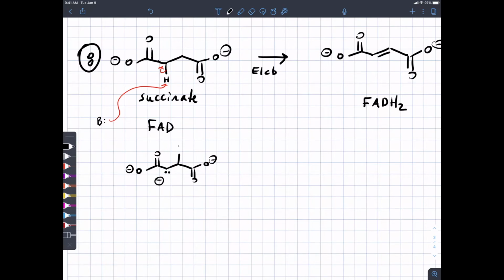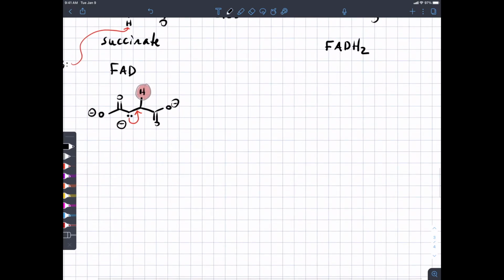And then that enolate is going to, electrons will kick down to make a new pi bond, and then hydride will leave with its electrons and be delivered to FAD. Probably, since FAD is a little bit more complicated than NADH, I'll go ahead and draw this part of the mechanism again.